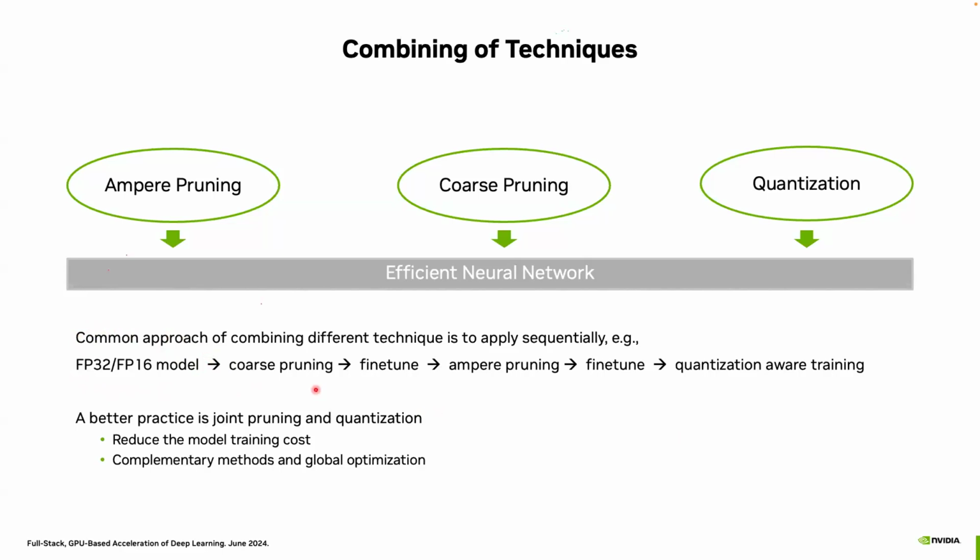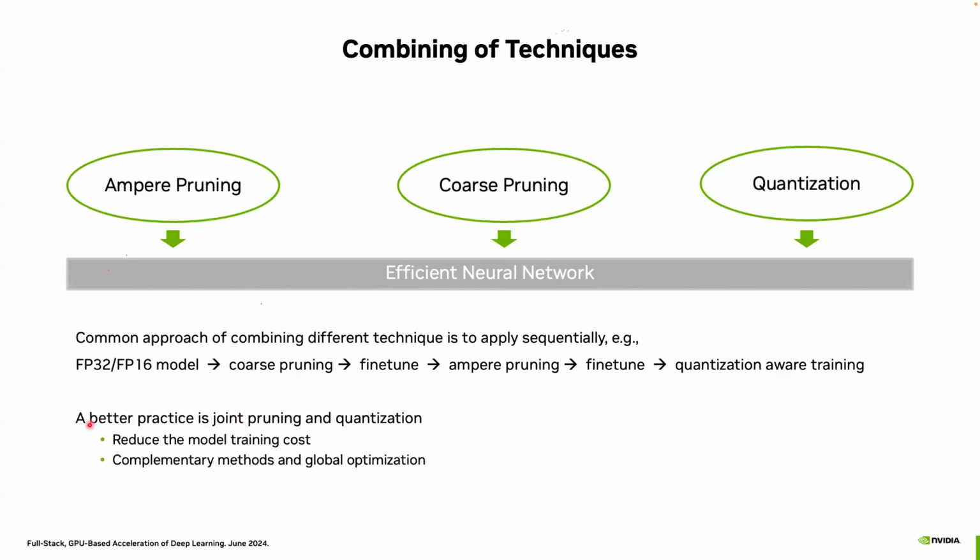Then we do the coarse pruning to remove the layer, channel, or block first. And then we do some fine tuning to recover the accuracy to make sure that we can do the following N:M pruning. And then after N:M pruning, we also need another fine tuning process to prepare for the following quantization aware training. So this is going to have a large training cost, but it definitely will lead to high accuracy.